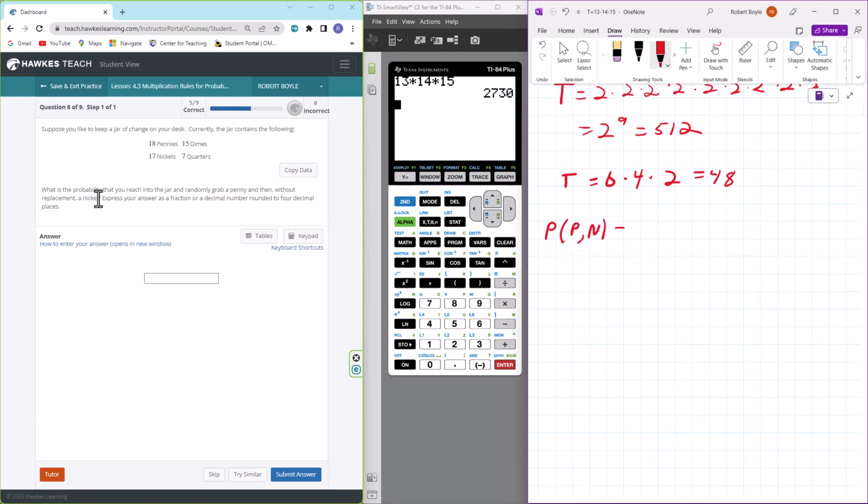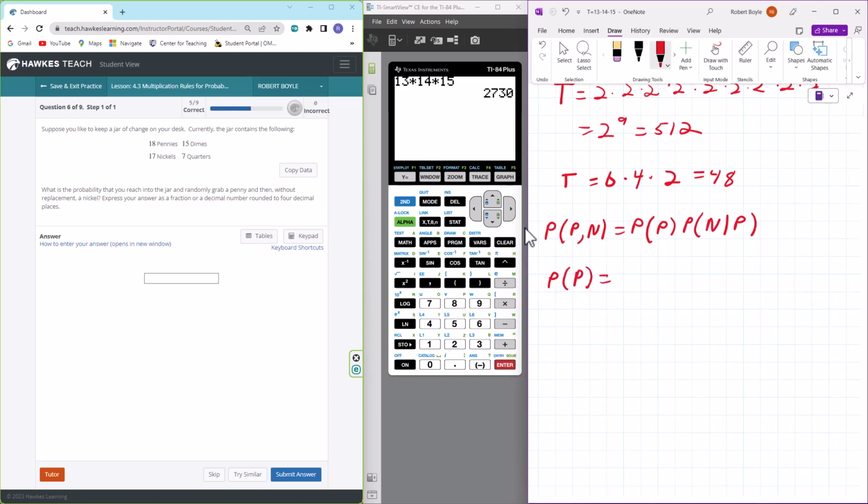That's going to be equal to the probability of grabbing a penny. And remember, since it's without replacement, this is conditional probability. So the probability of grabbing a penny times the probability of grabbing a nickel, given that you already grabbed a penny. Okay, well, the probability of grabbing a penny should be pretty straightforward.